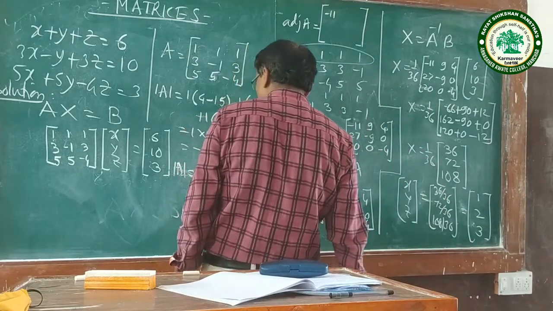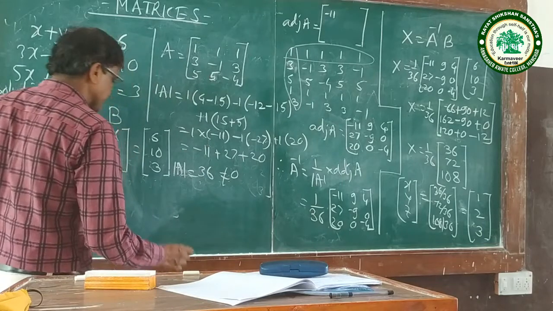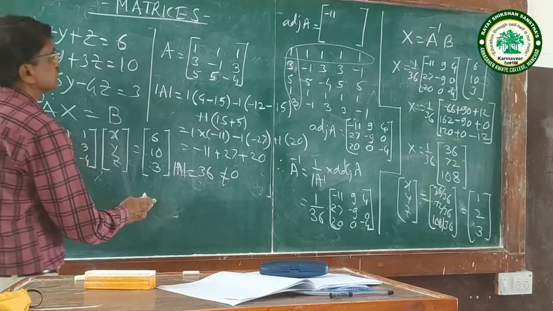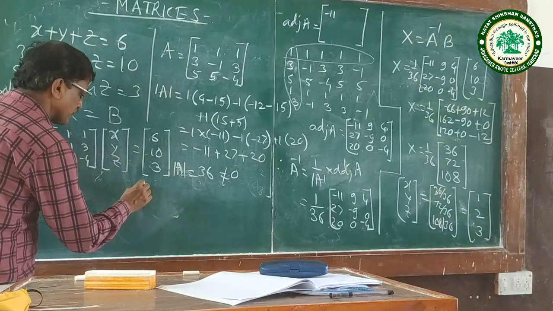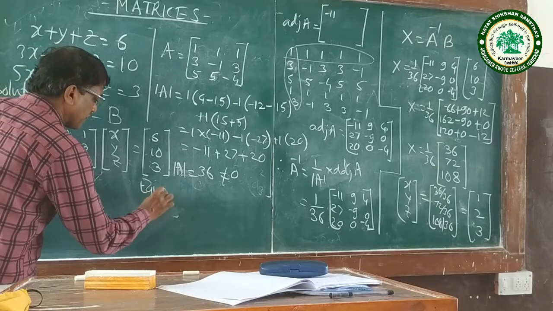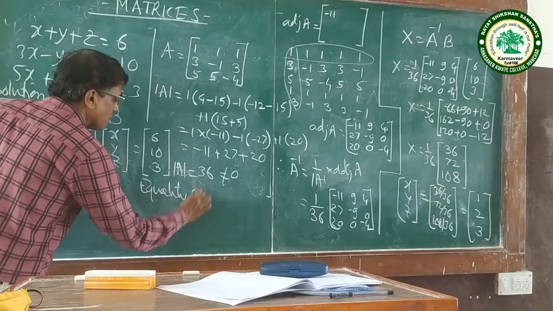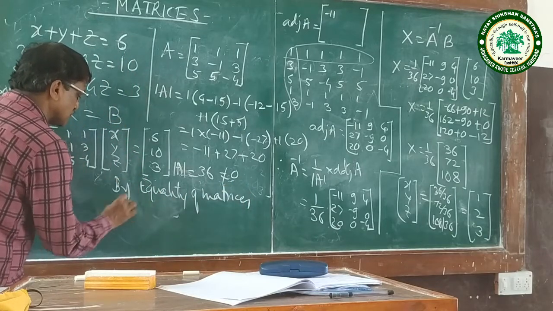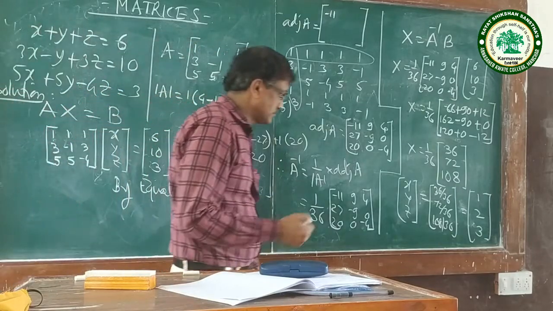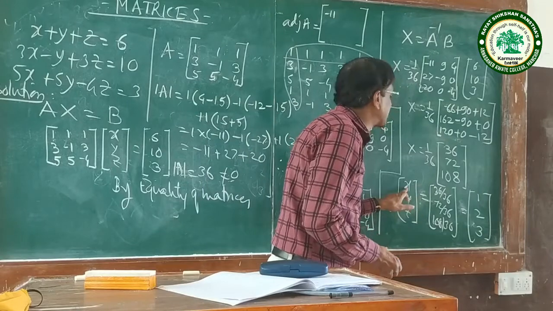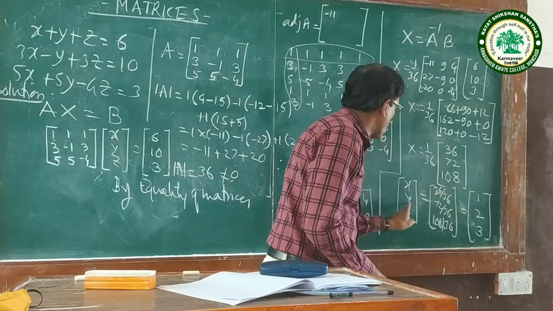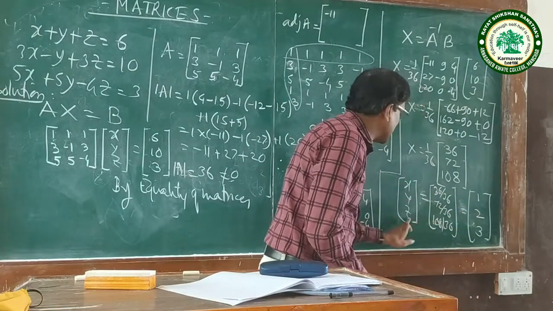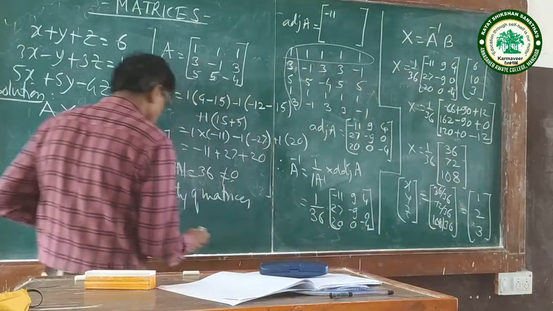By equality of matrices, what do we get? X is equal to 1, Y is equal to 2, and Z is equal to 3. Okay?